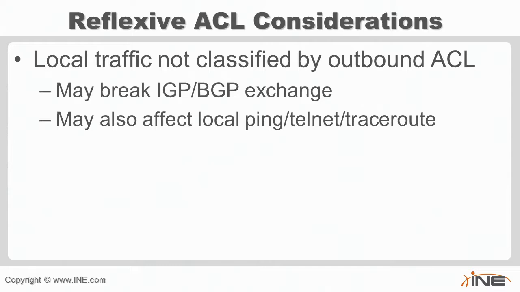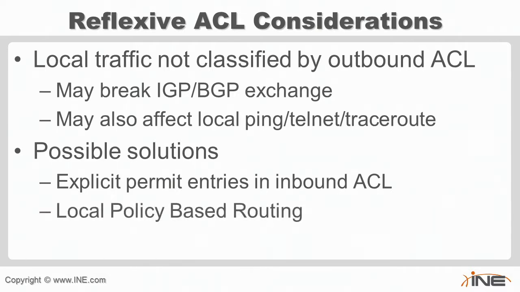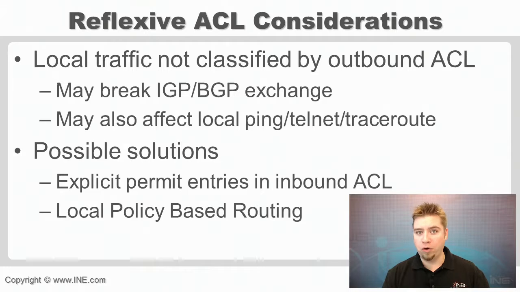So we do need to go one step further, regardless of whether we're doing reflexive, CBAC, or zone-based firewall, in order to make sure that these return flows locally from the router are allowed back in. So the easiest solution would just be to manually permit these flows in the return-bound access list. Now, another kind of stupid router trick would be to do local policy routing, which basically forces the router to treat its own traffic as transit and changes the order of operations of the ACL classifier versus the local traffic.